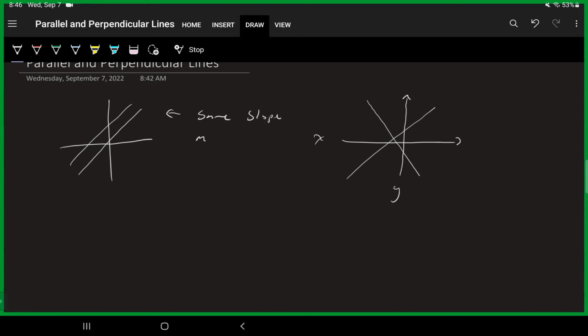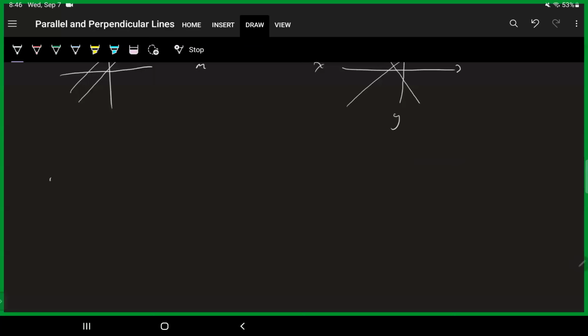So let's write this down formally. So with parallel lines, I like to use this symbol. If I'm given y equals mx plus b as my original line, the line that's parallel to it will have the same slope.